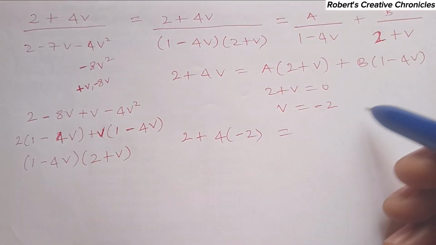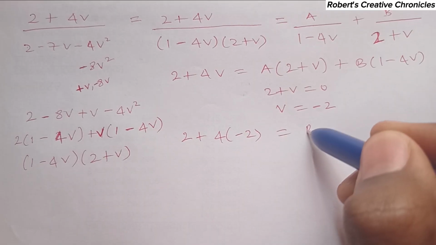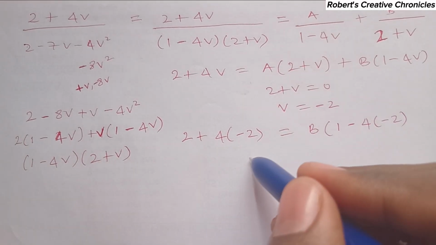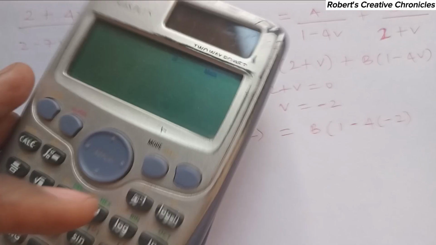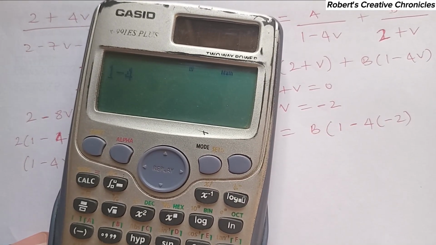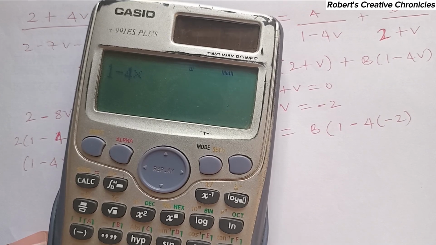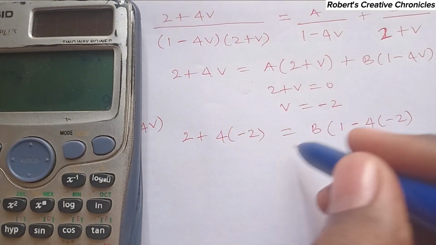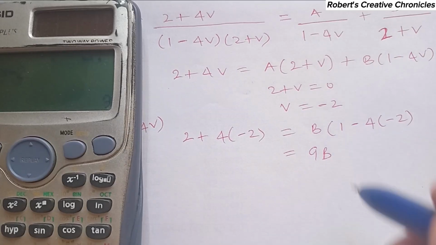This will give us 0, hmm, so this equals B(1 minus 4 times negative 2). So 1 minus 4 times negative 2 is 9. So this is 9B.